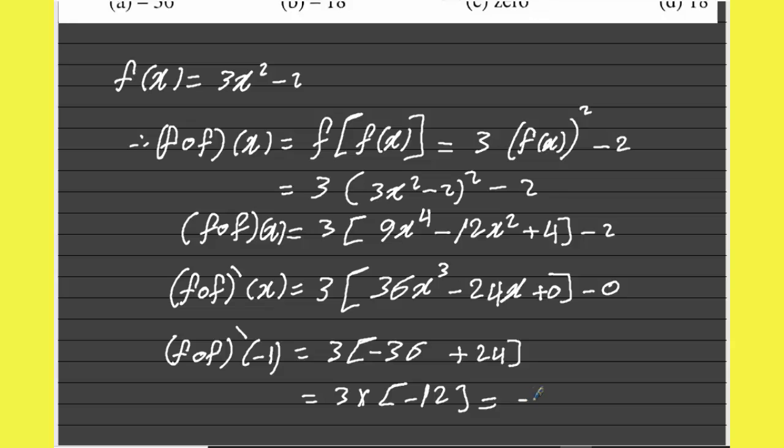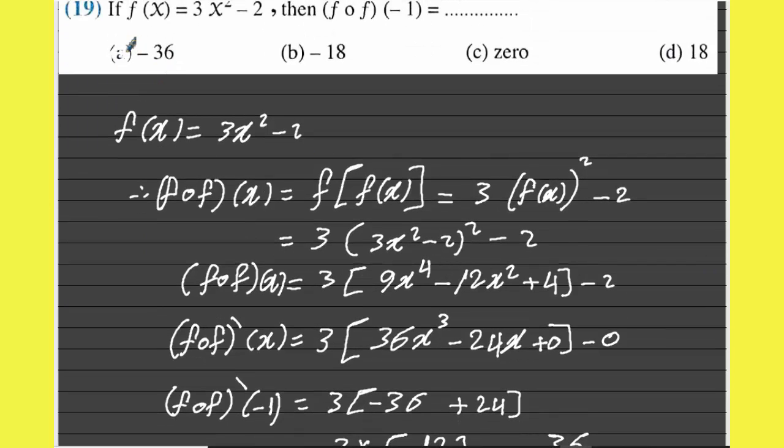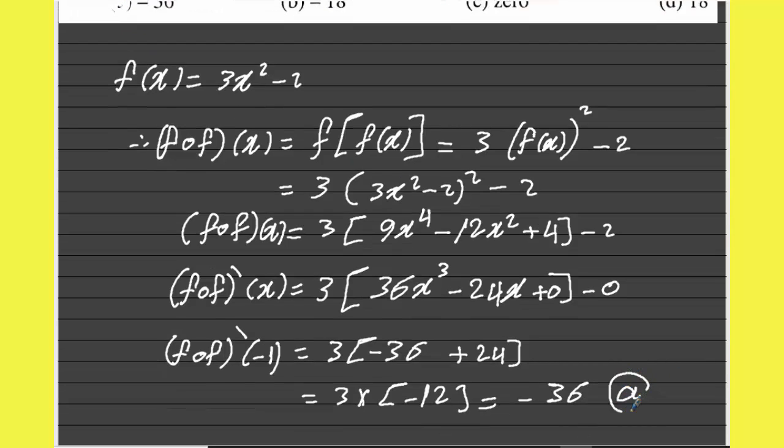Multiply by 3 equals negative 36. And the result will be letter A here. A. Okay, and you write A.